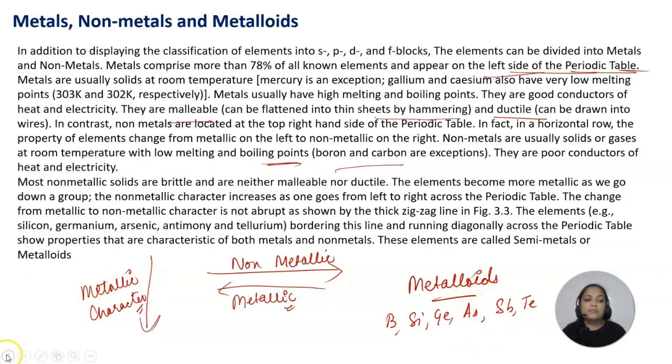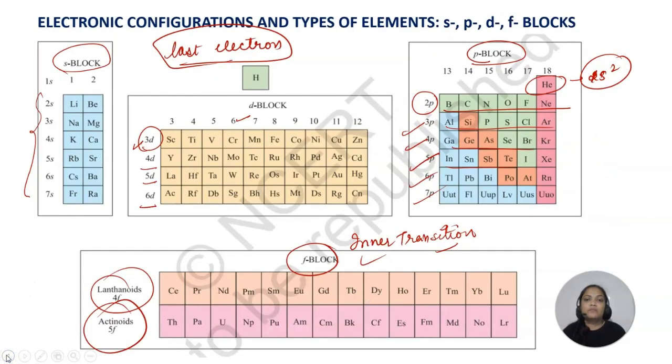These are called semi metals or metalloids. Let me show you here. Can you see this zigzag line? Silicon, germanium, arsenic, antimony, tellurium, polonium. These are your metalloids because they have some properties of metals and some properties of non-metals. So when metal changes to non-metal, it's not an abrupt change, so some metalloids come in between.